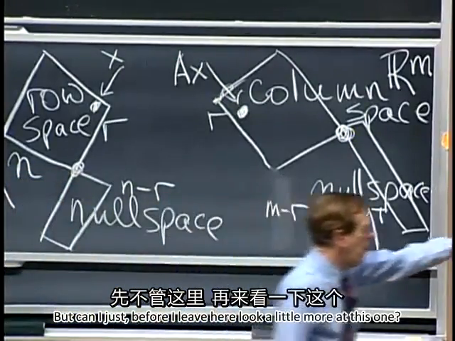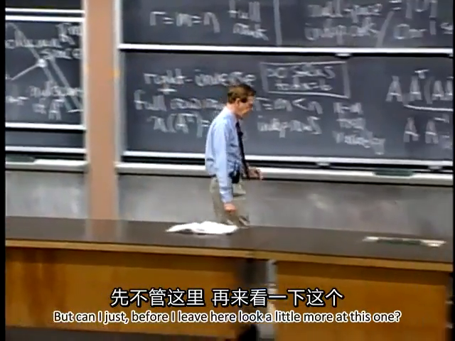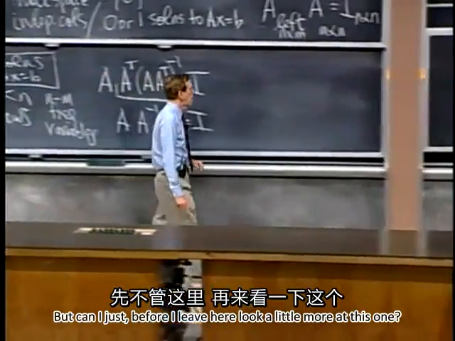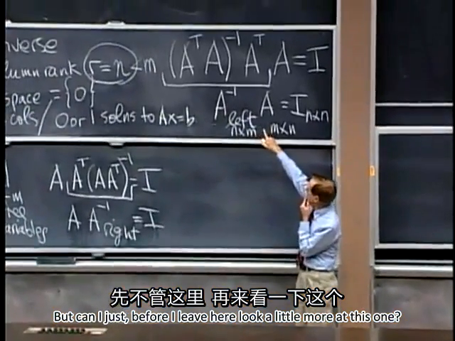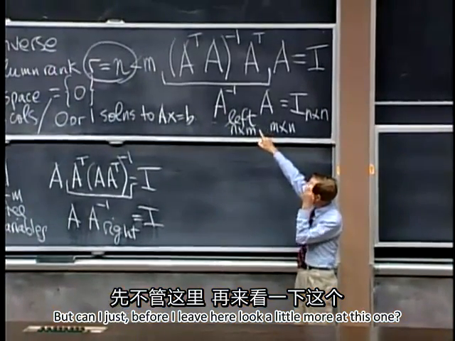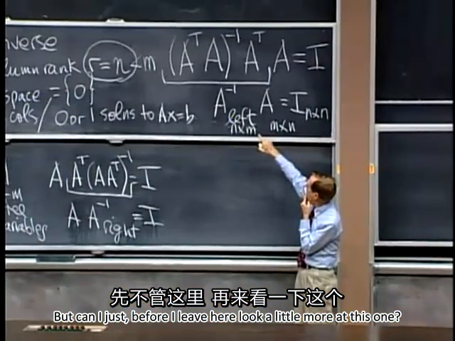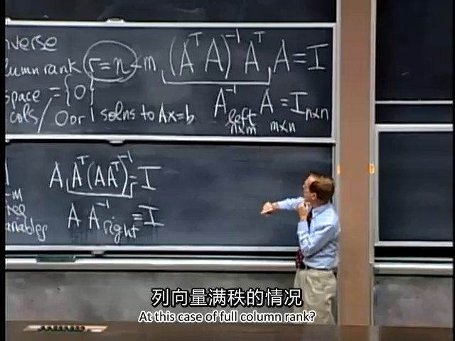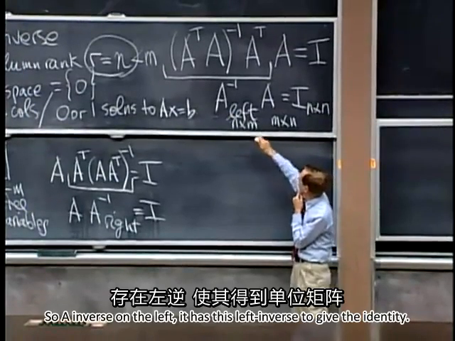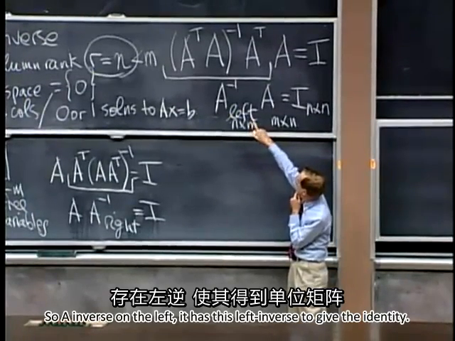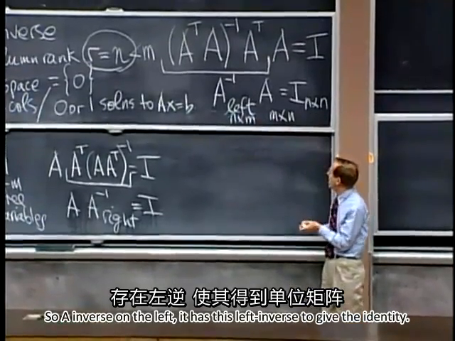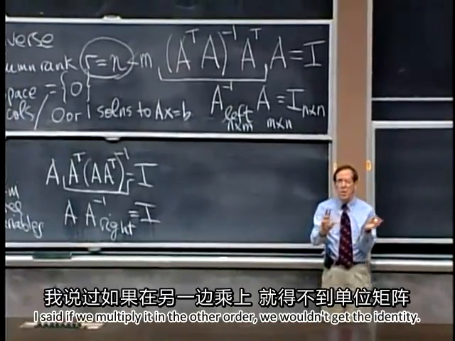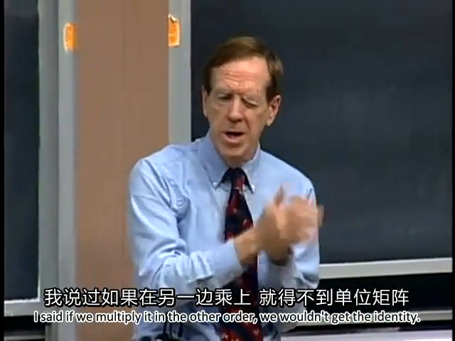But just before I leave here, let me look a little more at this case of full column rank. So A has this left inverse to give the identity. I said if we multiply them in the other order, we wouldn't get the identity.